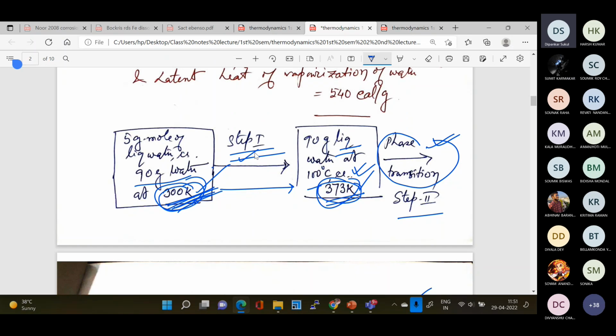Absolutely, that's for simplicity. The liquid water volume at 27 degrees centigrade and at 370, that is 100 degrees centigrade, are not the same. Obviously, it will increase. But here, for simplicity, we are ignoring that.